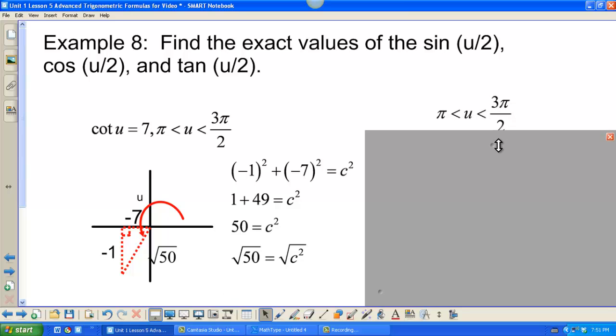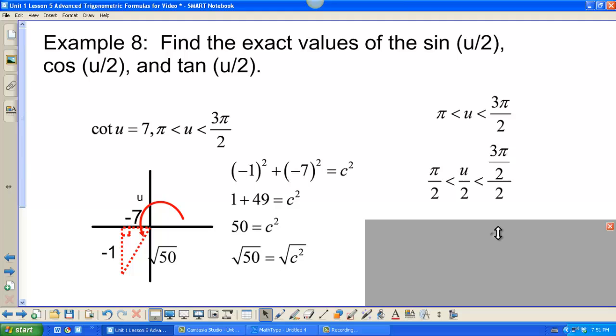All right, so let's proceed to figure out, where does the half angle live? Well, if the whole angle lives between pi and 3 pi over 2, this implies the third quadrant. If I want to find the half angle, this means I have to divide all of those pieces by 2.